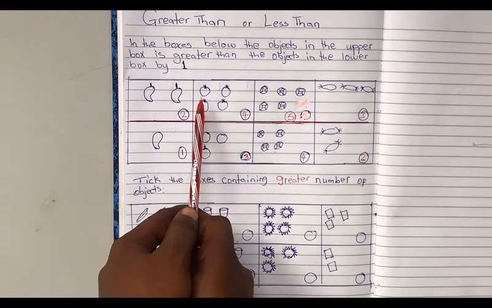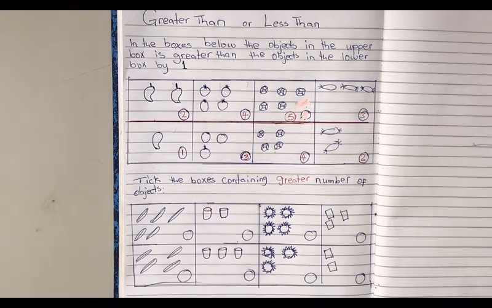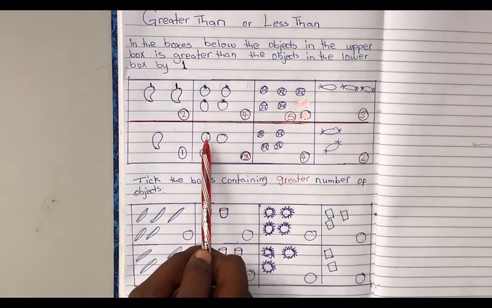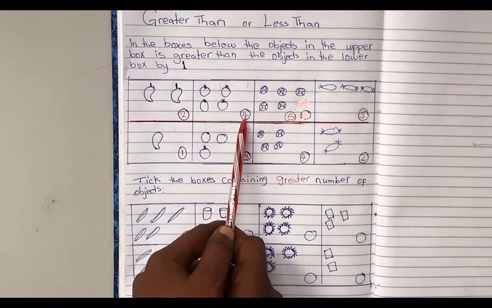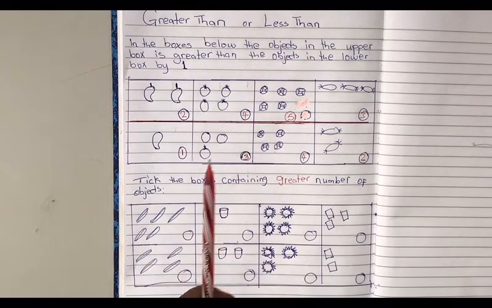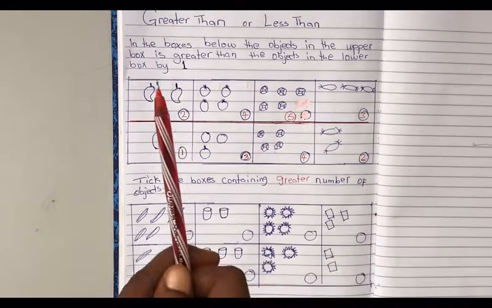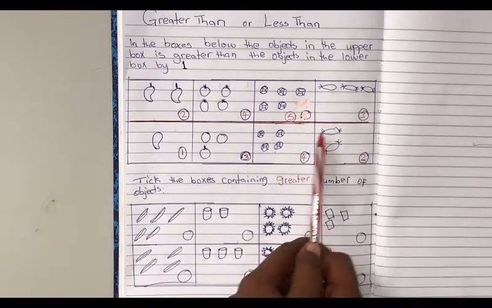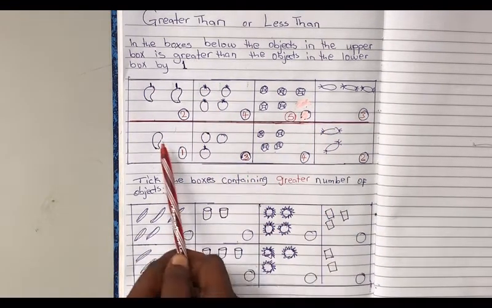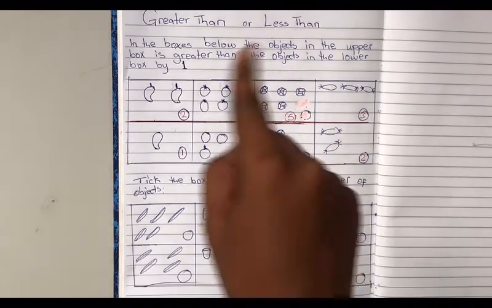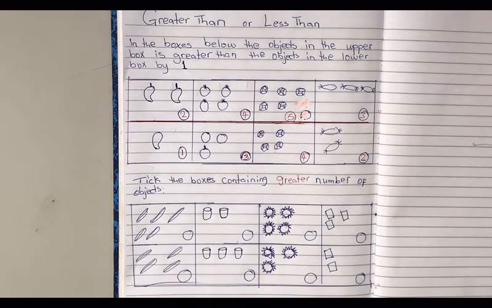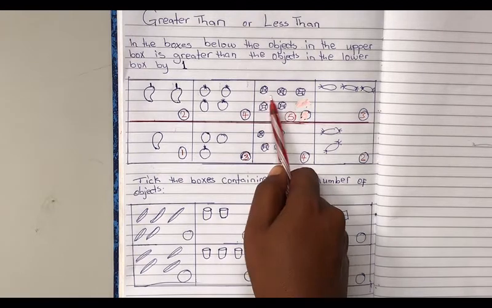And now we have 1, 2, 3, 4 oranges, and here we have 1, 2, 3. 4 is greater than 3 by 1. Because the objects in the upper box are greater than the objects in the lower box by 1.